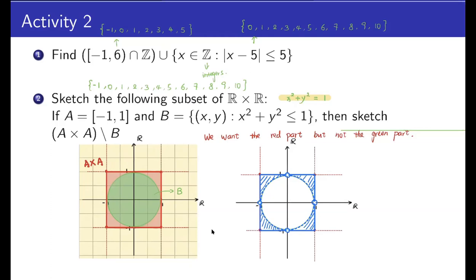What's left here is our A Cartesian product A minus B. Yeah, you use an open circle to represent that you don't want that point. Okay, is this clear?